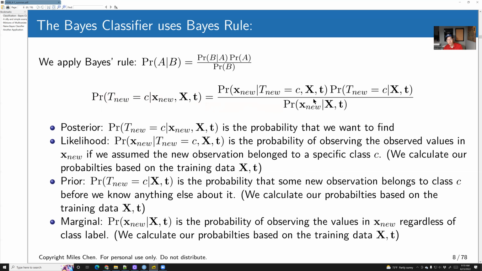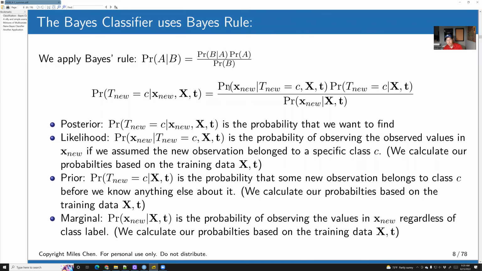This is the probability we want to find, the probability that some observation belongs to a particular class. We find this by calculating the likelihood. The likelihood is the probability of getting the values within this X vector if it came from class C, or if it came from some other class.